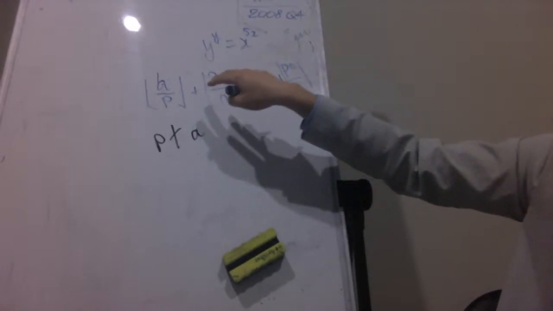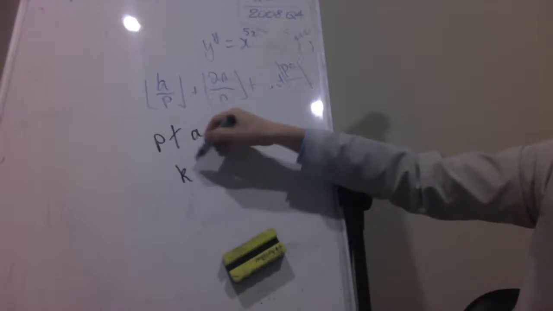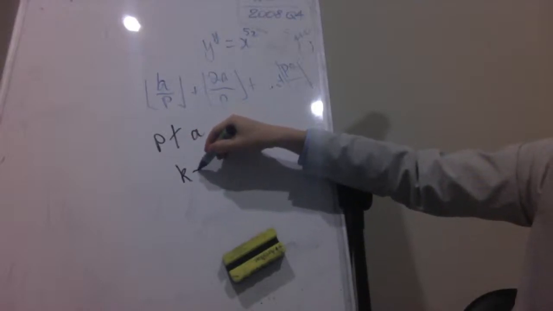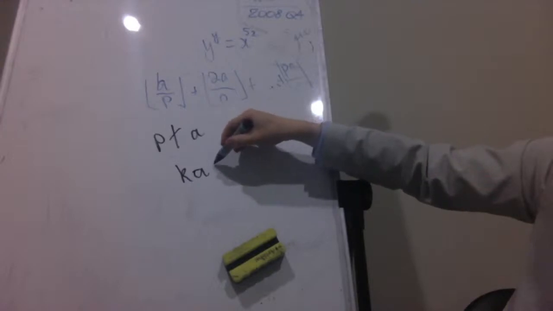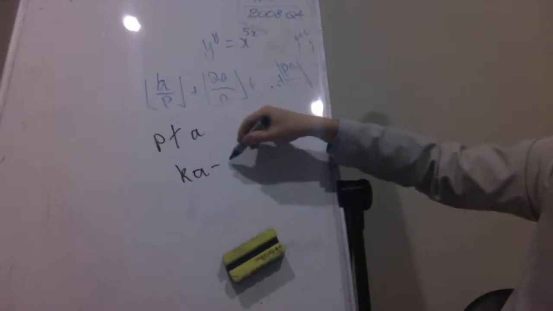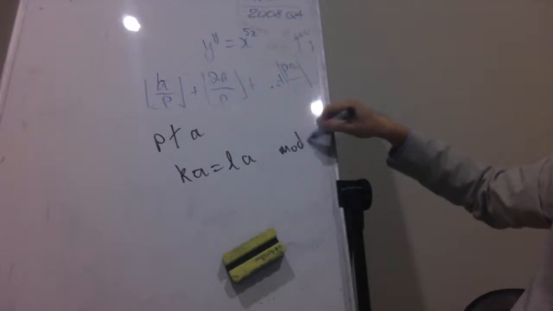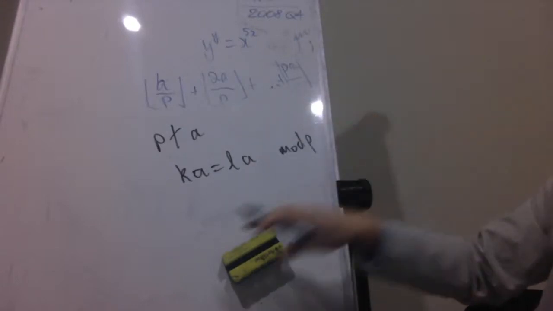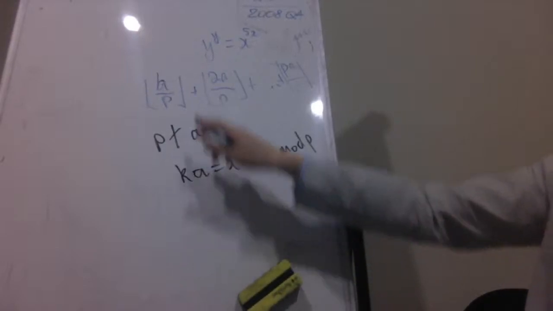Can you see that? If Ka has the same remainder as La, mod P, then K plus P equals L? No, the point is that they all have different remainders.